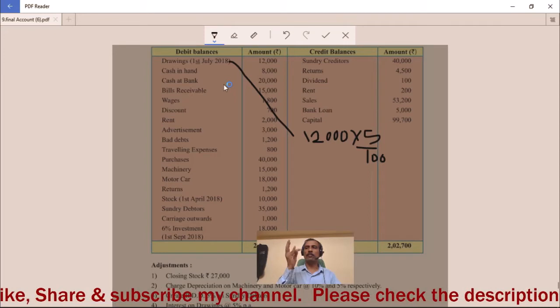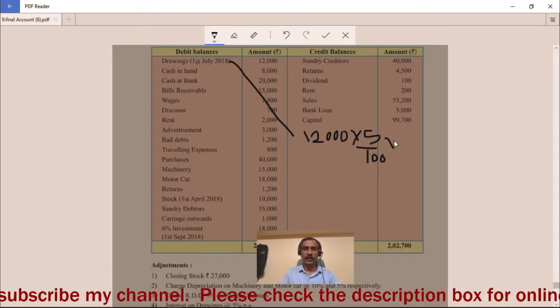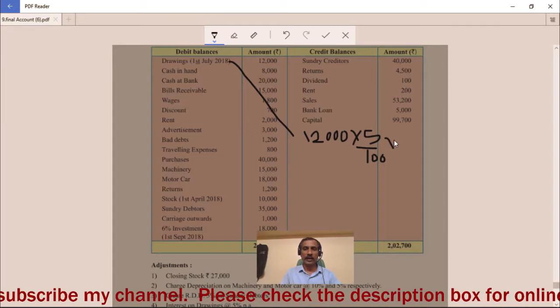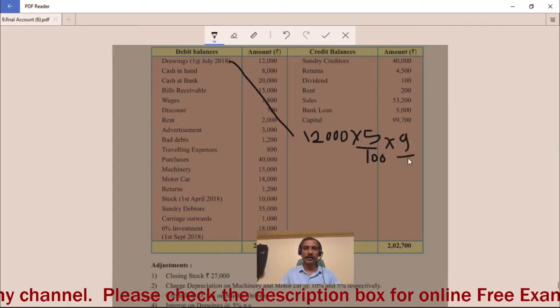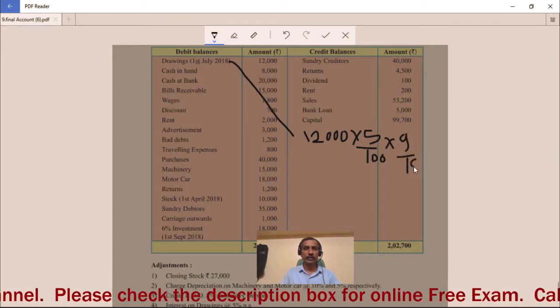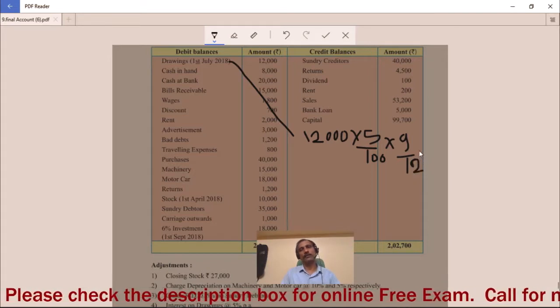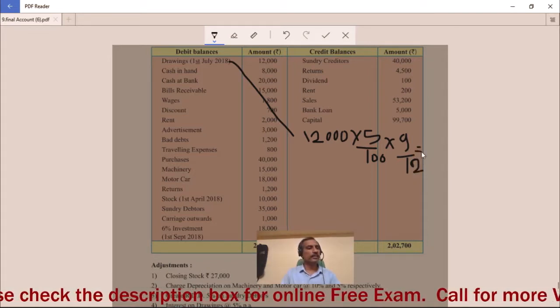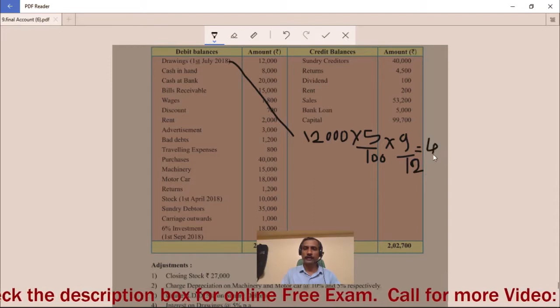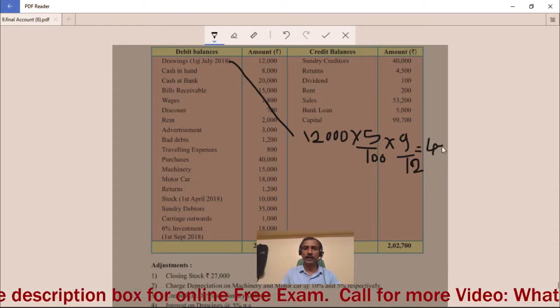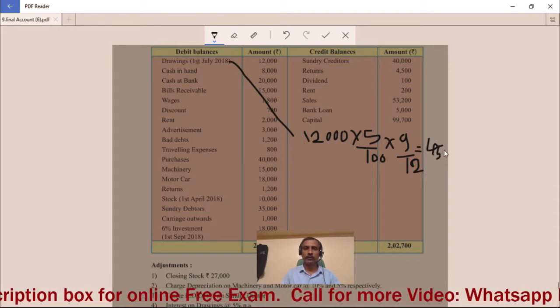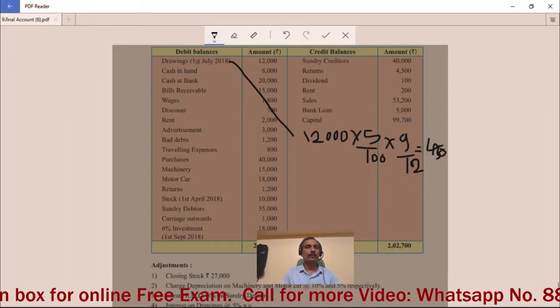So total 9 months. We have to calculate this interest for 9 months. So 9 upon 12. Okay. So if we calculate all these things, our interest amount will be 450. Okay. So you can calculate easily, 450.